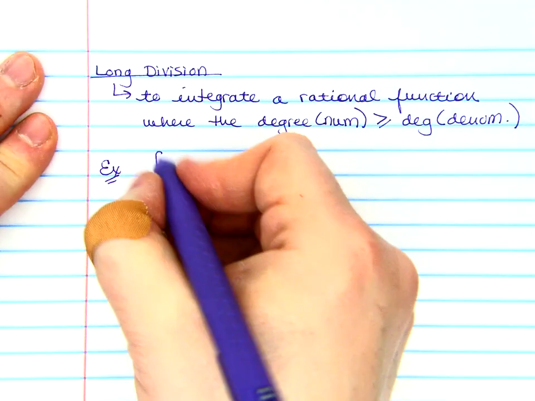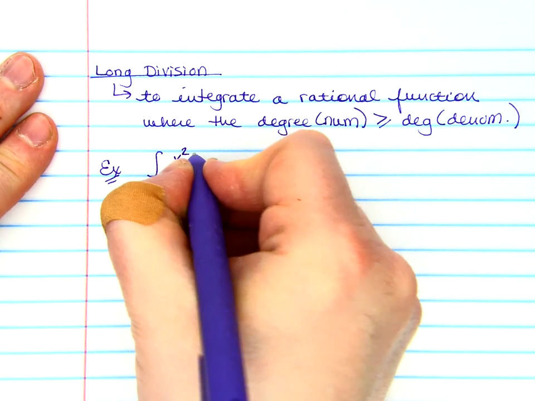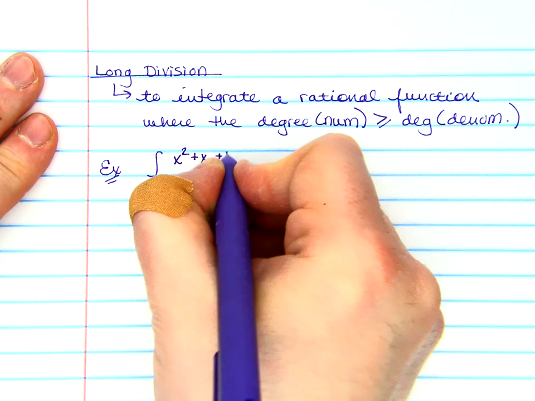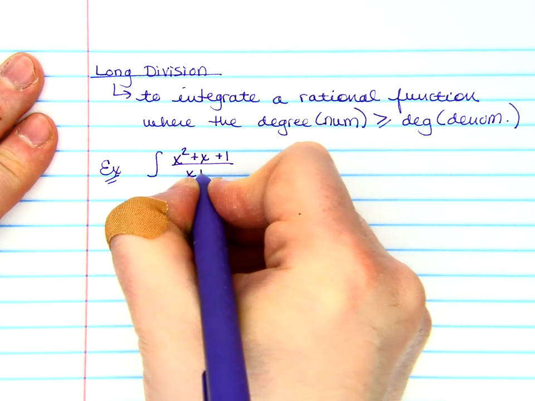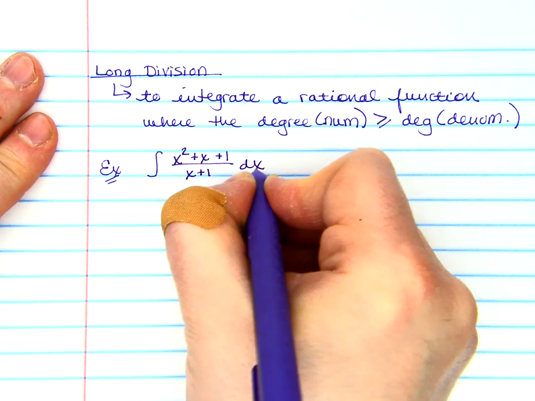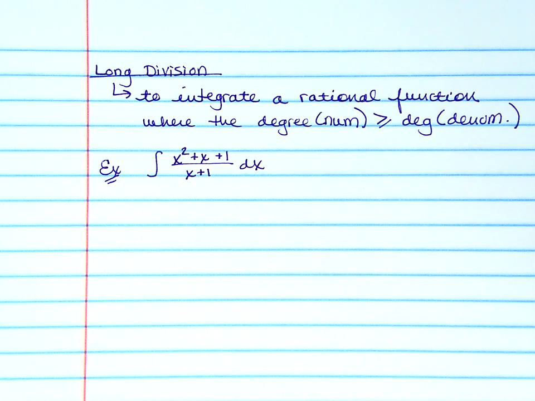We're going to do the integral of x squared plus x plus 1 over x plus 1 dx. We're going to start by using long division to rewrite this problem, because that is what we always do when the degree of the numerator is greater than or equal to the degree of the denominator.